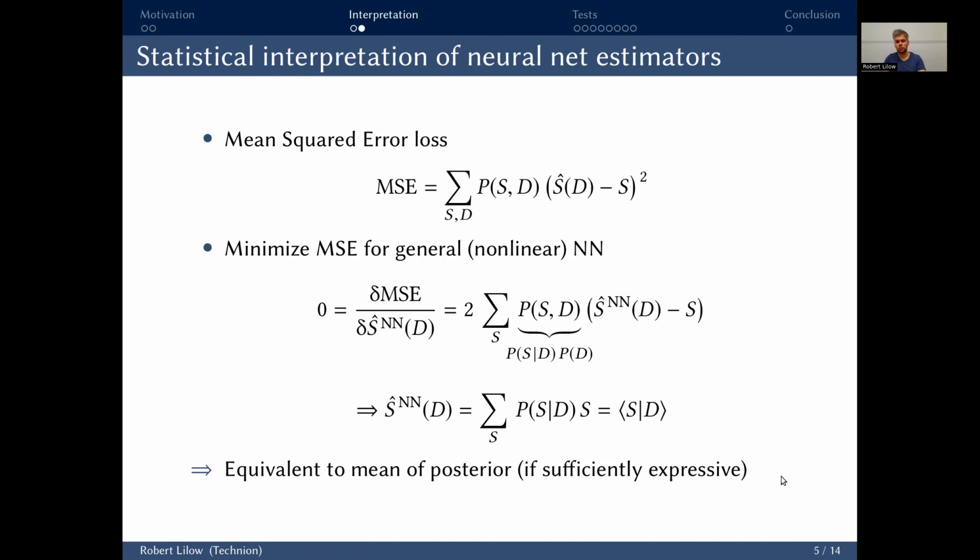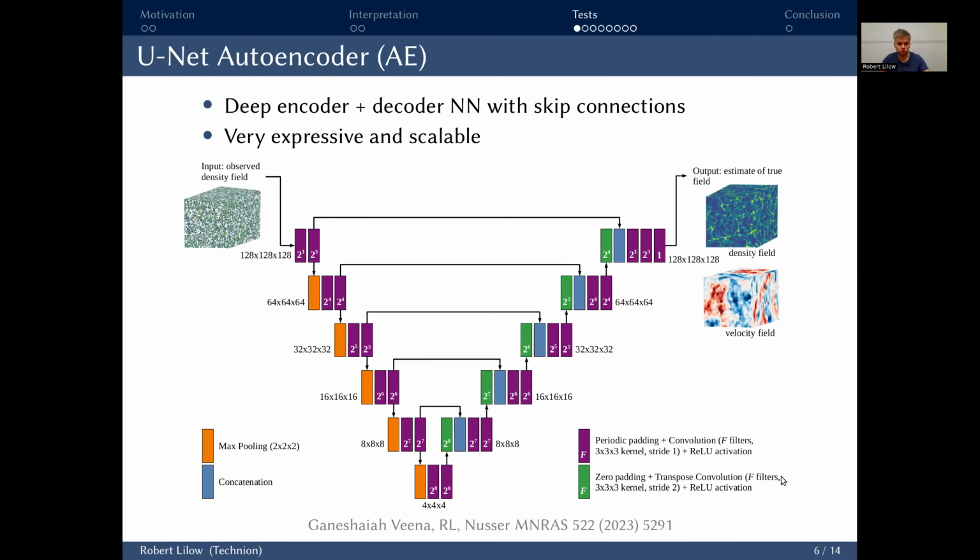But of course, we have to make sure that our network is sufficiently complicated, sufficiently expressive to actually represent this estimate. And in this work, we use the so-called U-Net autoencoder architecture, which has proven itself in many applications. It's essentially three main ingredients. We have this left branch, the encoder. It's a series of convolutions with pooling, that is coarse graining steps in between, where you always group nearby points on your grid.